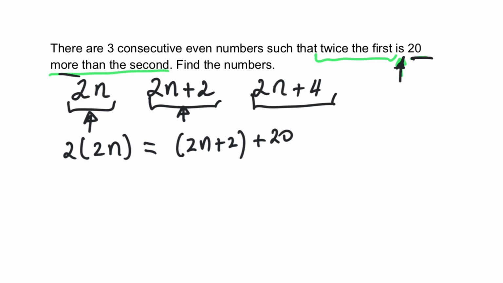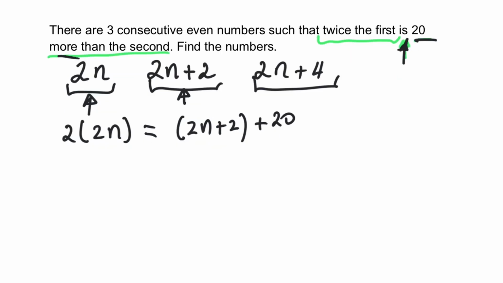Let's do it. Okay, let's continue. So 2 times 2n, basically we just multiply the coefficients, and this is going to be 4n. This is equal to, okay, we just have an addition here. We can just simply remove this parenthesis, and we are going to have 2n plus 2 plus 20.